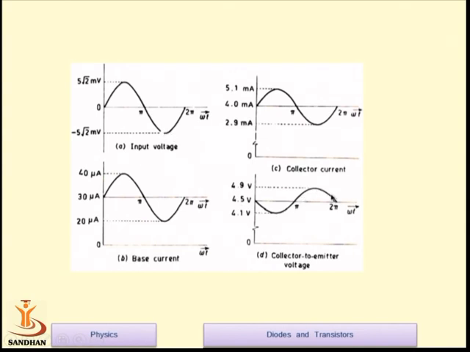In one line, one can say the input and output are 180 degrees out of phase. To come back to the original state, you can put another transistor after the output of the transistor. Then you get a 360 degree phase difference, and this is the drawback when you are using this transistor as an oscillator.